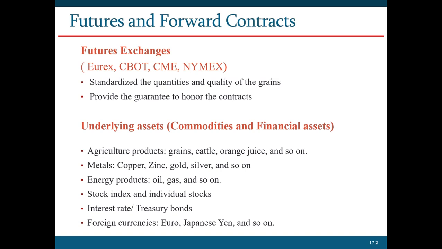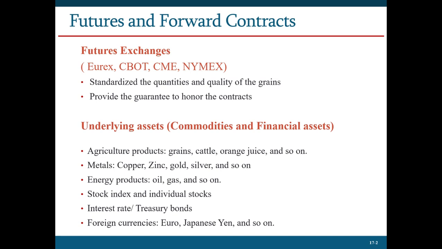The New York Mercantile Exchange is another futures exchange in the United States, specialized in energy products related to futures contracts. In Europe, there's a large futures exchange, Eurex, that dominates the European futures market.